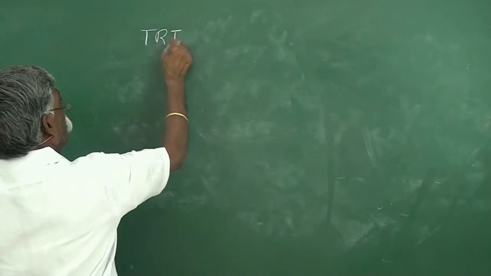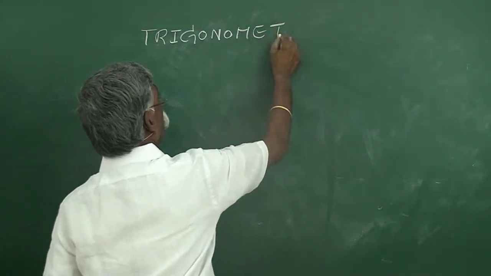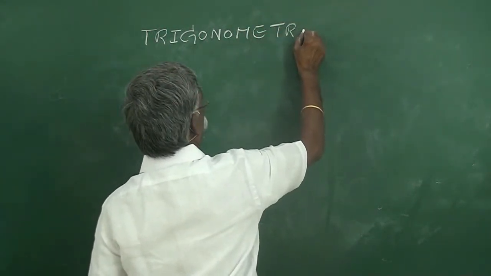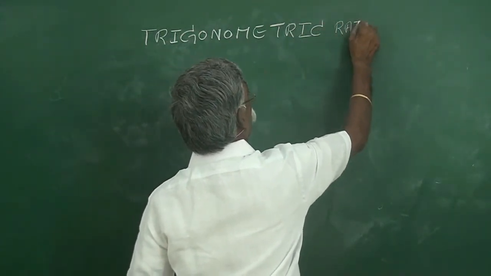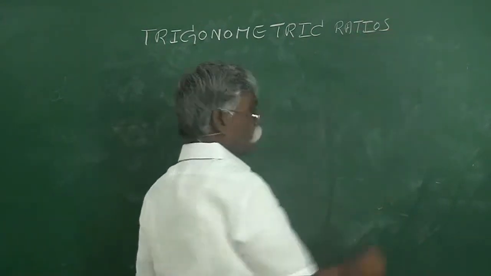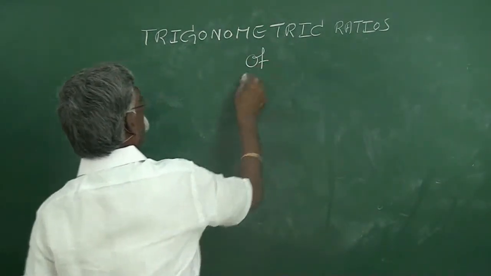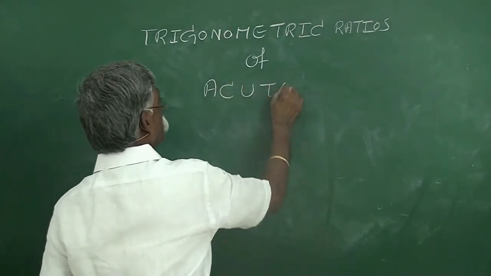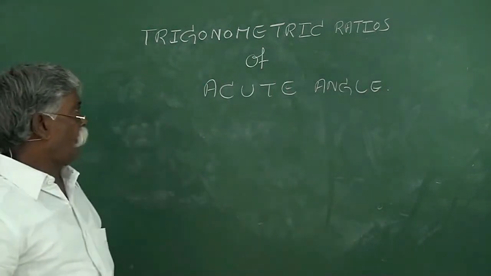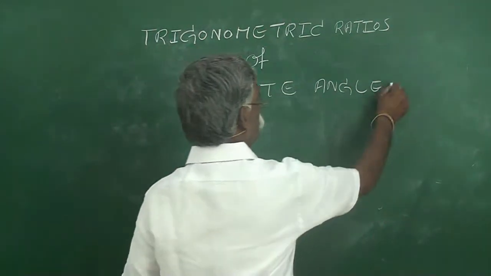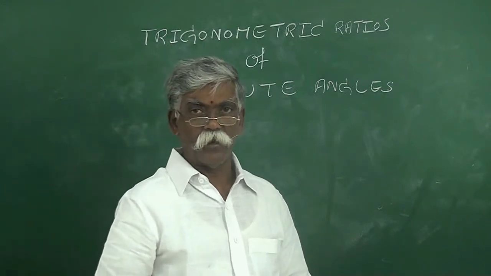Trigonometric ratios of acute angles. This is the first chapter in trigonometry, a very important one.